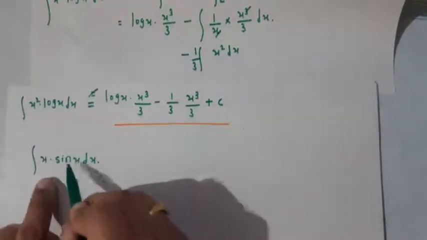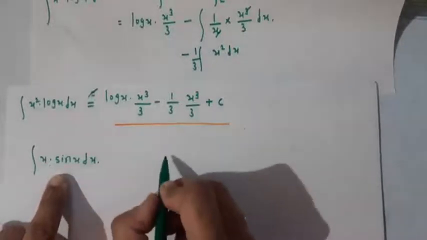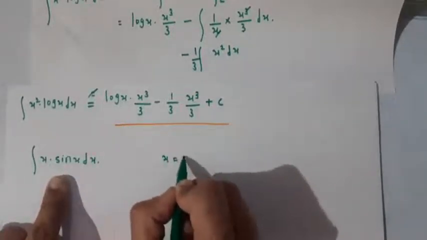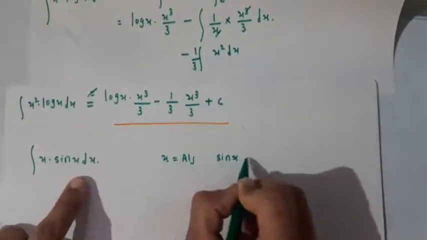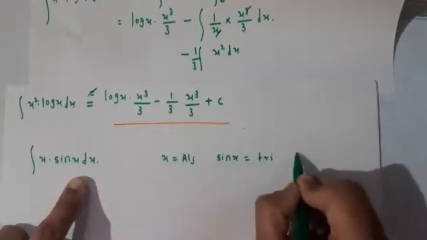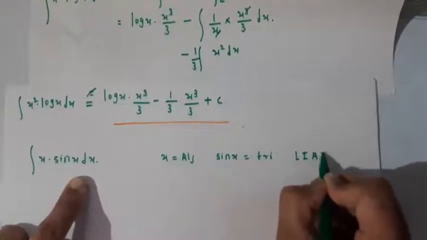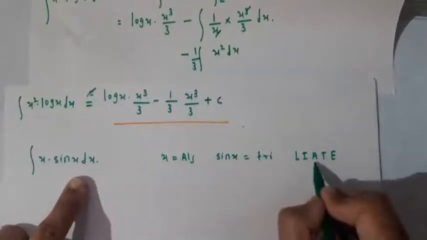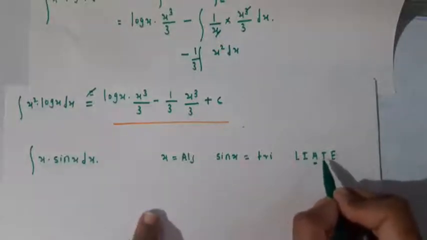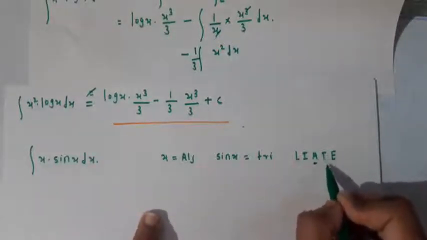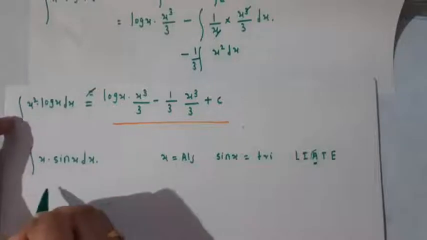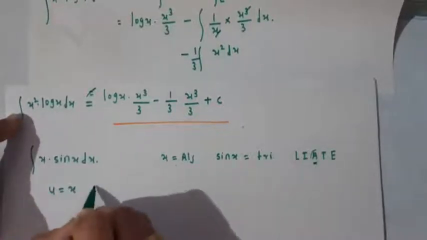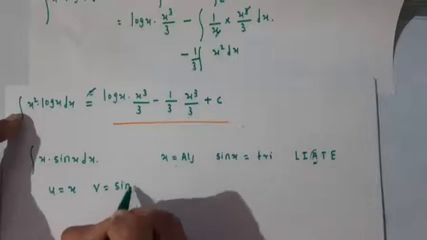So students, in x into sine of x, according to the LIATE rule, x is the algebraic function and sine of x is the trigonometric function. In the LIATE rule, the algebraic function is in the third position and the trigonometric in the fourth position. Hence the algebraic function is u here, so u equals x and v equals sine of x.